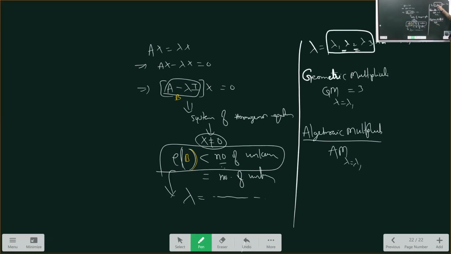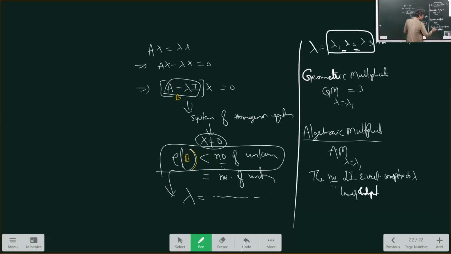Now when the lambda is repeated, I am substituting lambda there. The number of linearly independent eigenvectors corresponding to lambda.